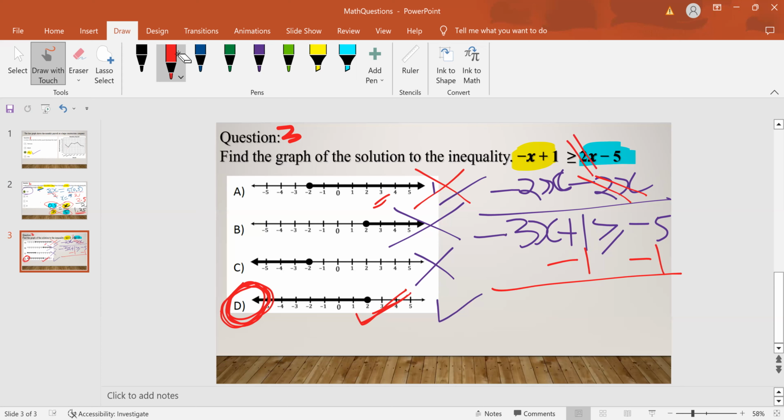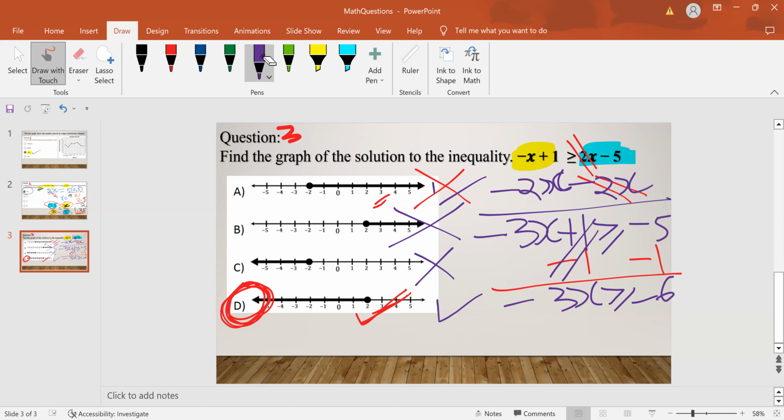Addition, do subtraction; subtraction, do addition; division, do multiplication; multiplication, do division. The negative 1 cancels out with the positive 1 here. So what is left? We have negative 3x is greater than or equal to negative 6. Almost done.